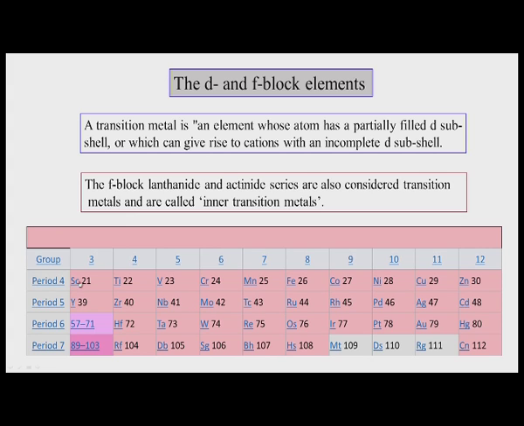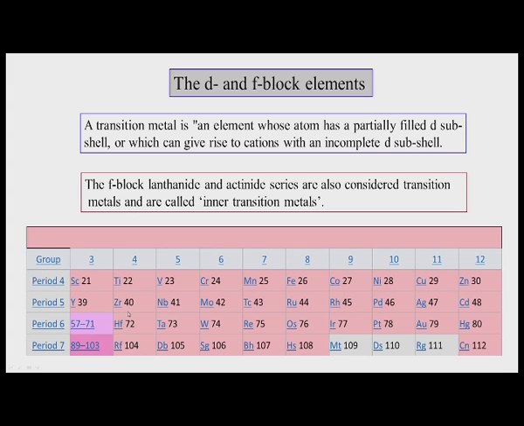Clubbing all these elements together, the 3D block elements from scandium to copper, we see how their properties change as we move from scandium to titanium to vanadium to nickel to copper. Similarly, as we move from period 4 to period 5 to period 6, we are changing from 3D to 4D to 5D elements.